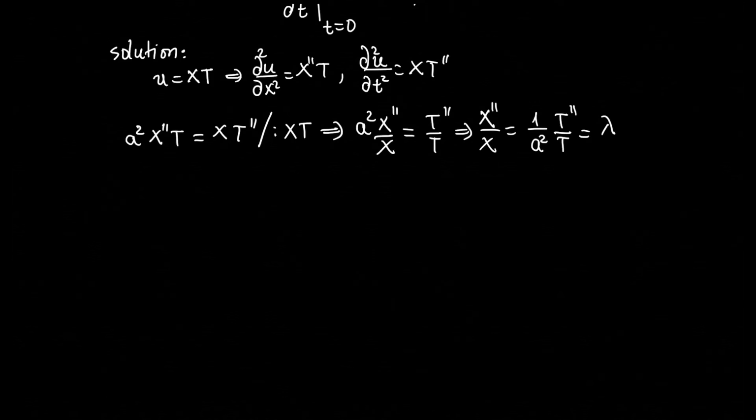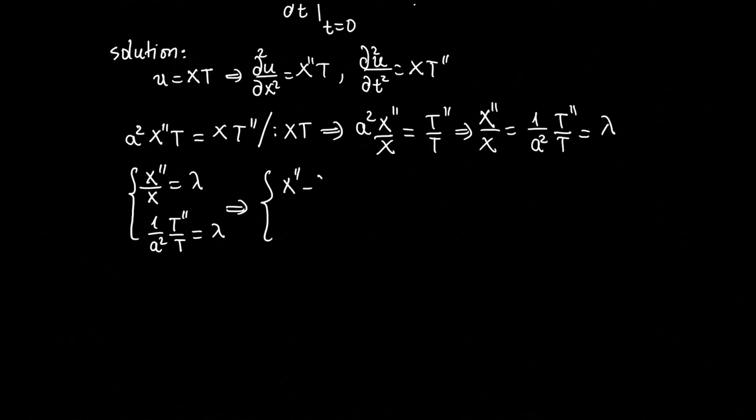And now we can separate: X double prime over X equal to lambda and 1 over a squared T double prime over T equal to lambda. Then this leads to X double prime minus lambda X equal to 0 and T double prime minus a squared lambda T equal to 0.